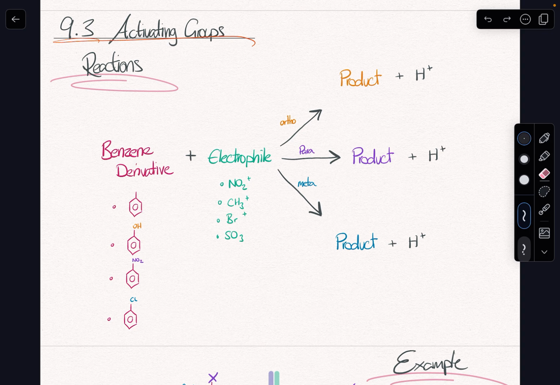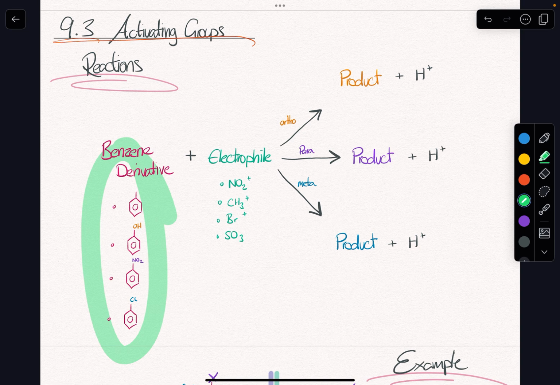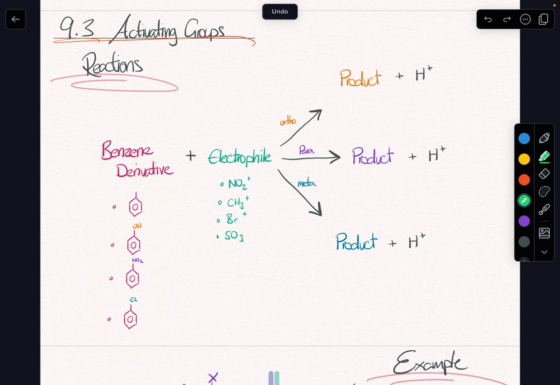Now remember, you're only going to have to do 2 of these derivatives, not all 4 of them. If you had to do all 4 of them, you would have to do 20 reactions, but I'm not saying that. I'm saying you're going to have to do 12 to 16.